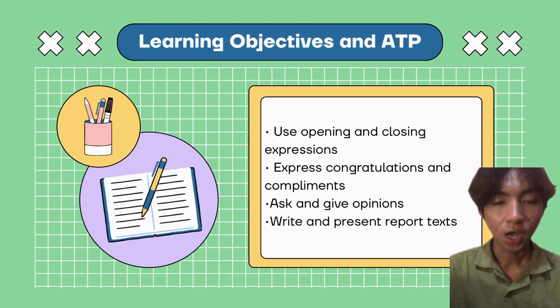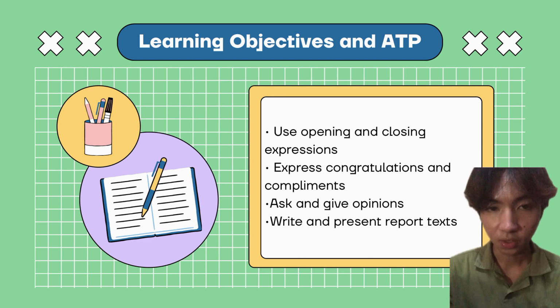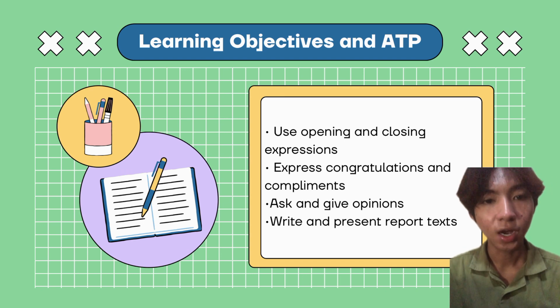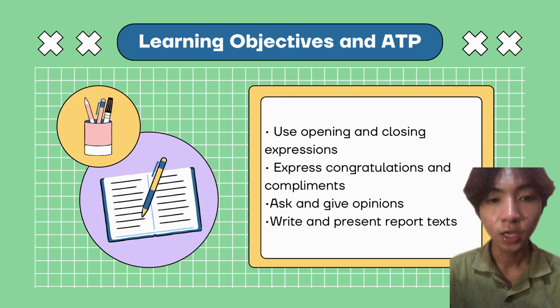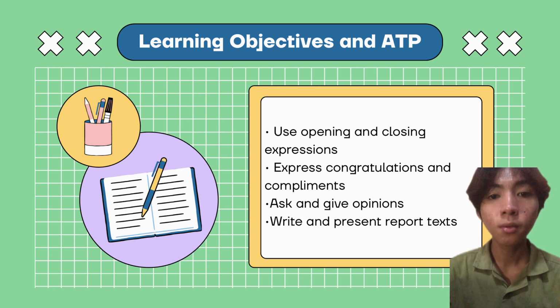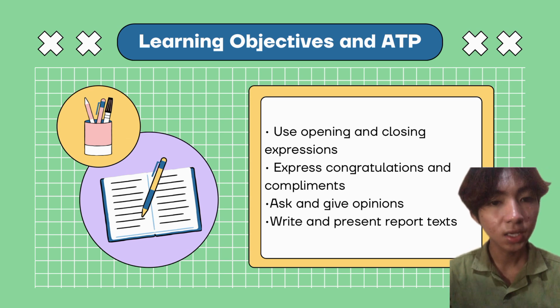Based on the learning outcomes, teachers formulate learning objectives and organize them into ATP, or alur tujuan pembelajaran. Some learning objectives include using opening and closing expressions correctly, giving congratulations and compliments politely, asking and giving opinions clearly, and understanding as well as writing simple report text.